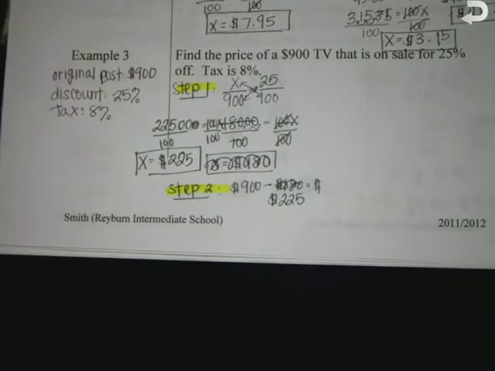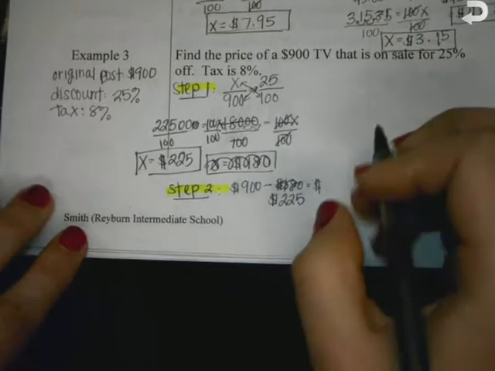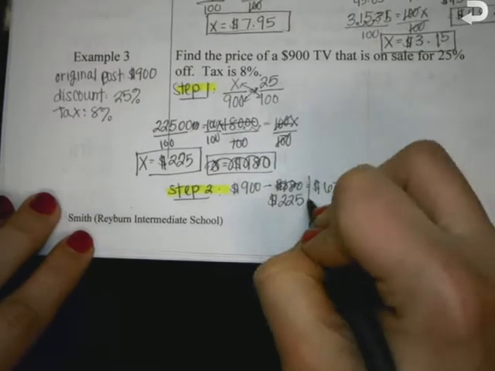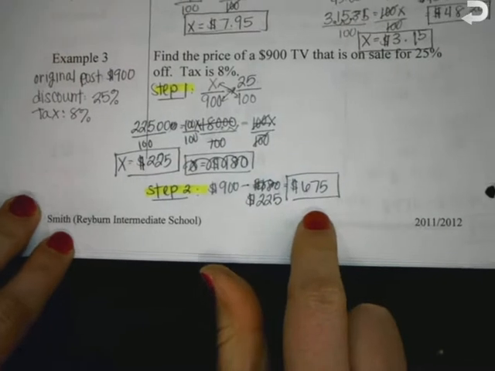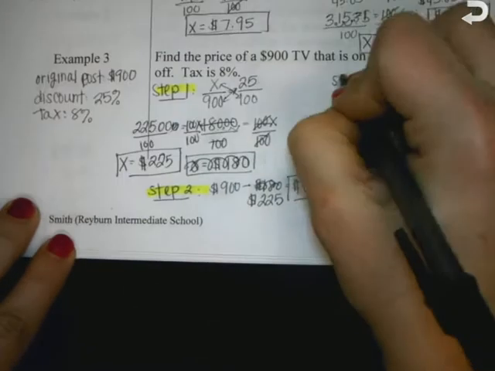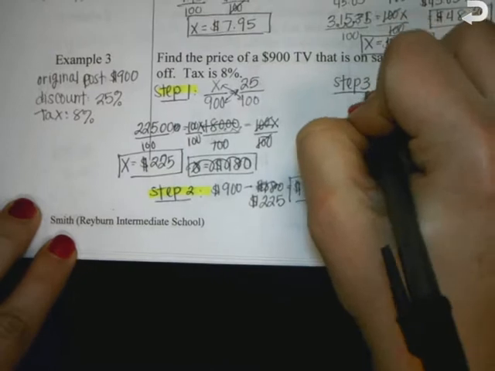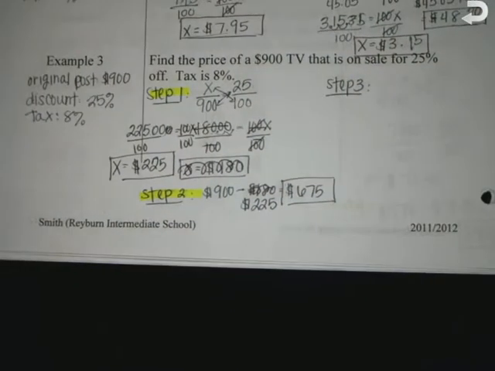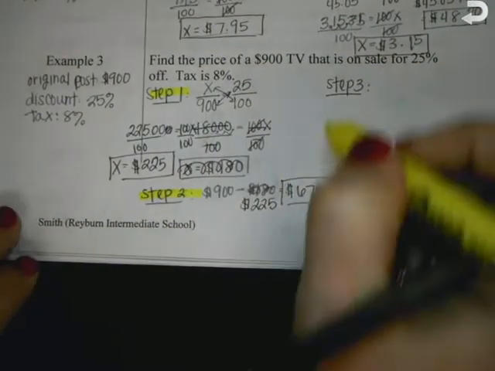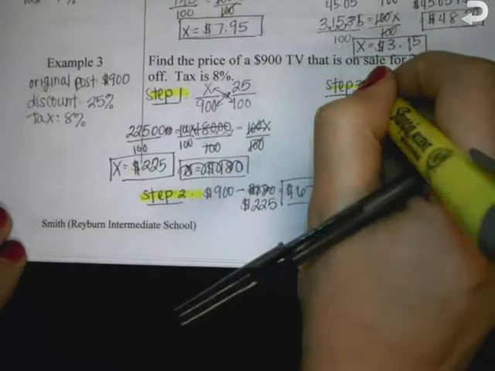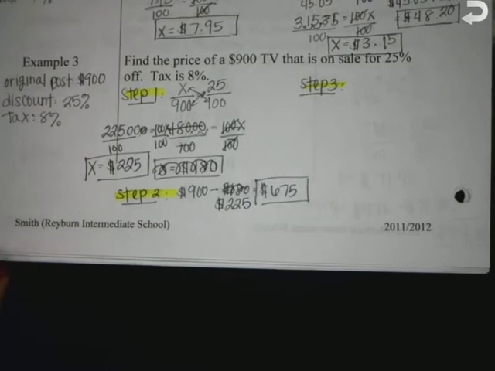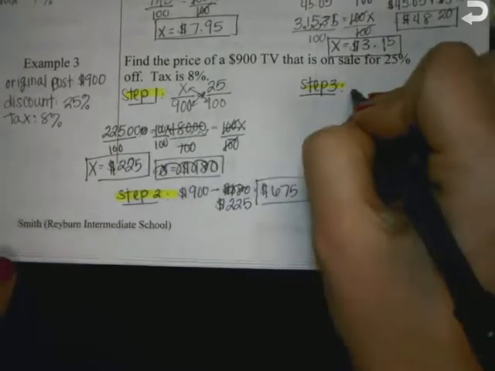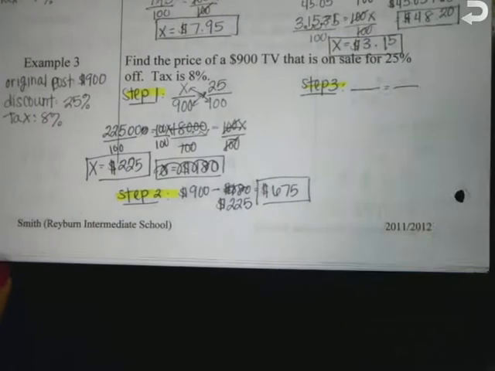Okay, so step 3. What do I need to do in step 3? I set up a proportion again. And what goes on the right-hand side? 8 over 100. And the left? X over 675. Everybody good so far? Okay.